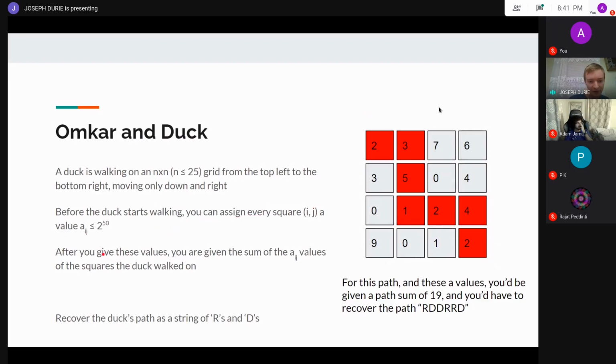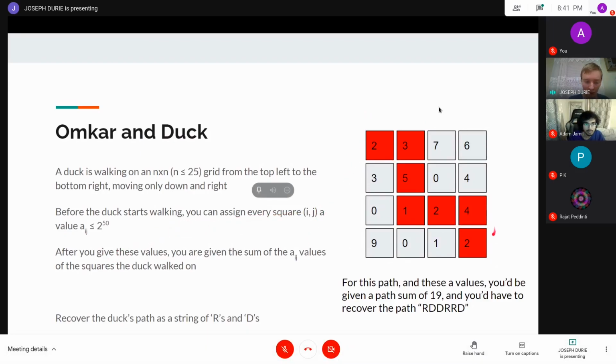And then after you give these values, you're given the sum of the a_ij values along the duck's path. So again, if you had this grid and the duck took this path here, you would then be given a sum of 19, and you would have to recover this exact path.